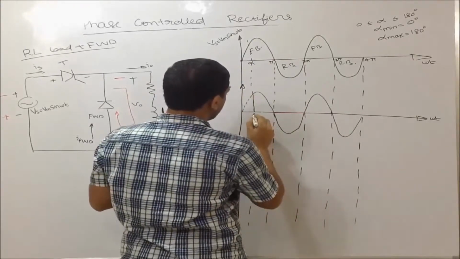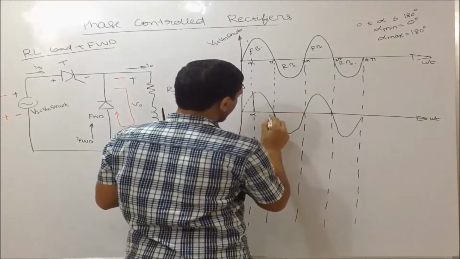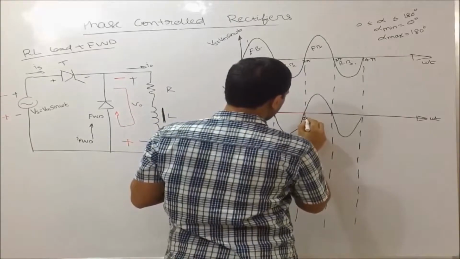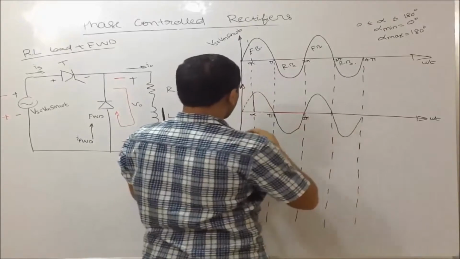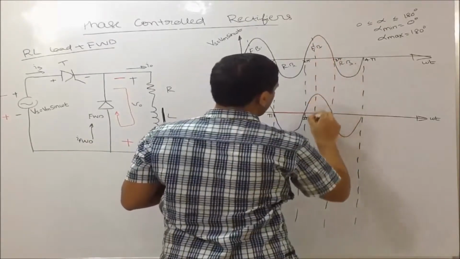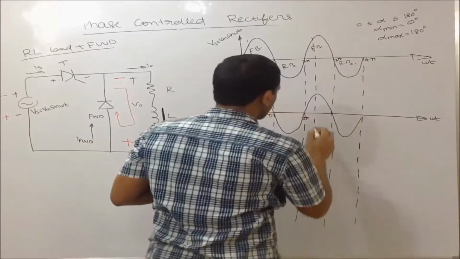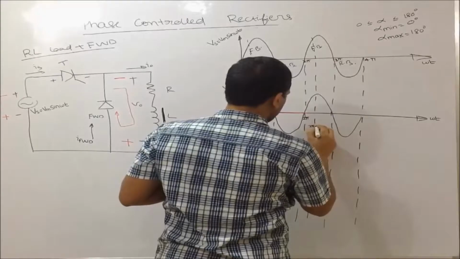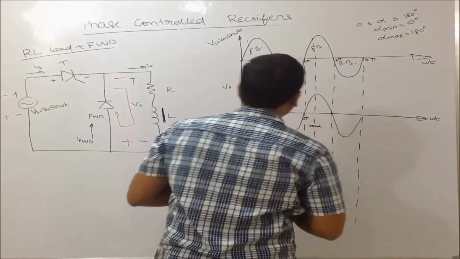This is alpha. This is pi. This is 2 pi. This is 2 pi plus alpha.